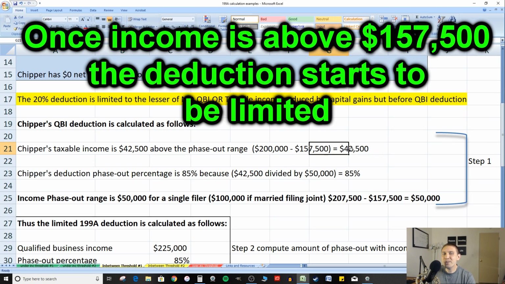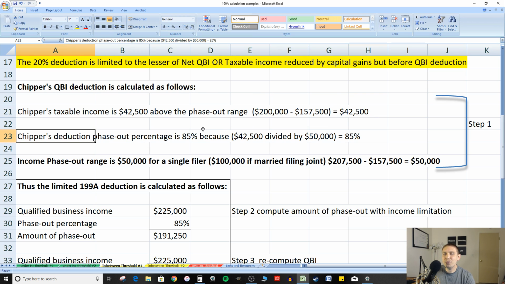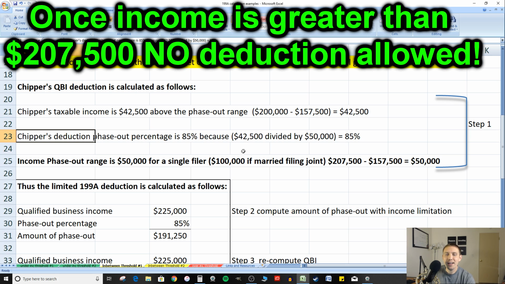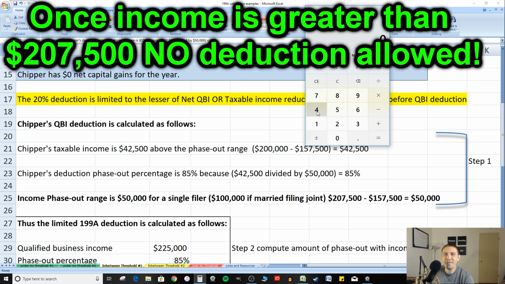So Chipper's deduction phase-out percentage is 85%. I should mention here that for a single filer, the deduction maxes out at $207,500. That's where this deduction would completely phase out if you're in a specified service trade or business, which in this example Chipper is.